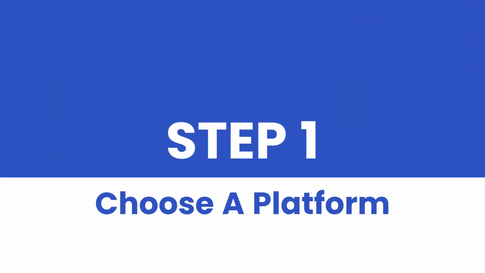Step number one, choose a platform. Now, this is when it's important to know exactly what you're promoting and how to demonstrate it in a way that your prospects are going to want to see or find appealing. For example, if you are promoting something that's visual based, it doesn't make much sense to promote it on a platform that's predominantly text based, right?